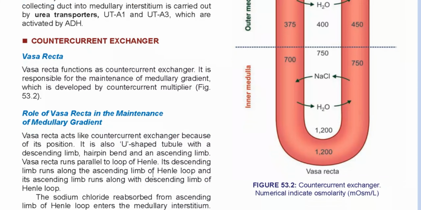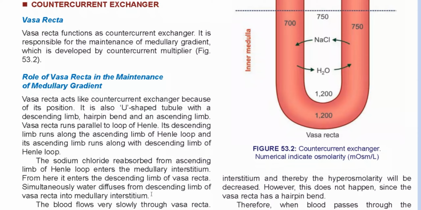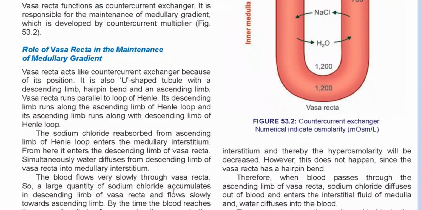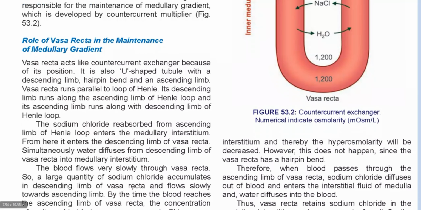Sodium chloride is absorbed from the ascending limb of the loop of Henle and enters the medullary interstitium, and from here it enters the descending limb of the Vasa Recta. Simultaneously, water diffuses from the descending limb of the Vasa Recta into the medullary interstitium. The blood flows very slowly through the Vasa Recta, so a large quantity of sodium chloride accumulates in the descending limb and flows slowly towards the ascending limb.